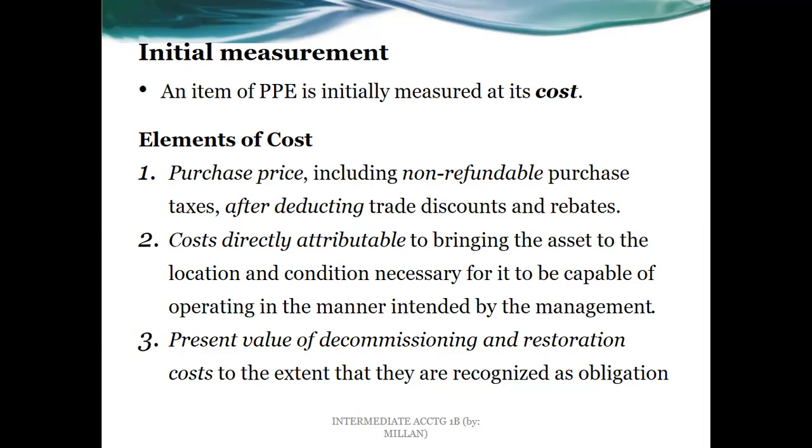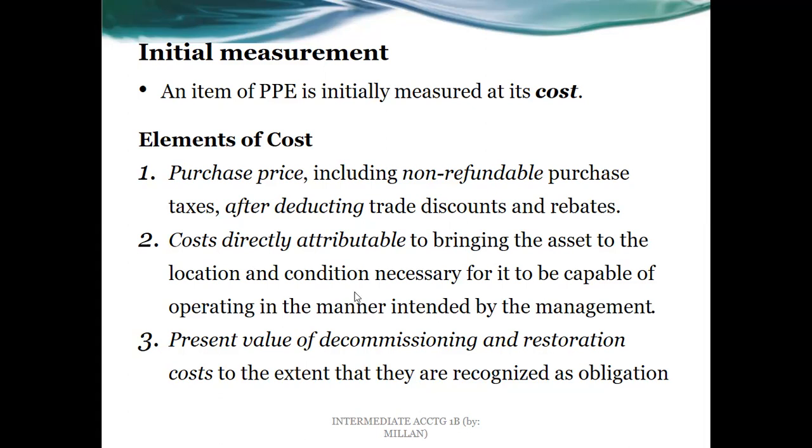But when we are going to remove that particular PPE item, let's say machinery, in order for that particular area to be ready also for another installation, then in that case, we have to decommission, we have to restore that particular area and we have to pay for that. Will it happen immediately? No, it will be an X number of year or years from now. That's why present value is to be incorporated, and that's why it will be part of the cost.